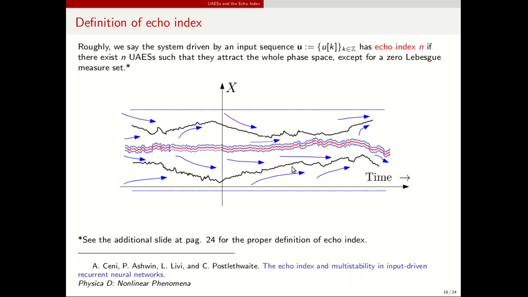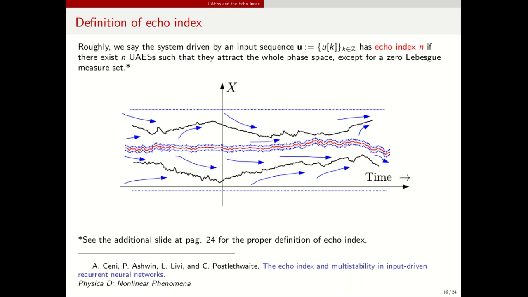And as you can see, there might be some entire solutions like the red one, which are defining the boundary between the two basins of attraction of the uniformly attracting entire solutions. And these kinds of solutions exist, and are also attractive, but the basin of attraction of these particular solutions has a zero Lebesgue measure set, right?